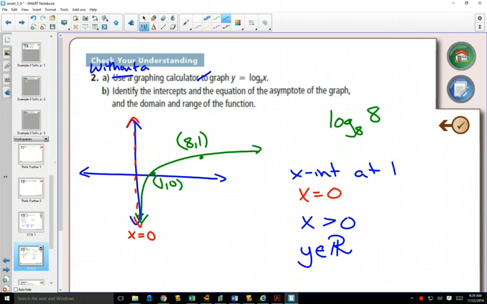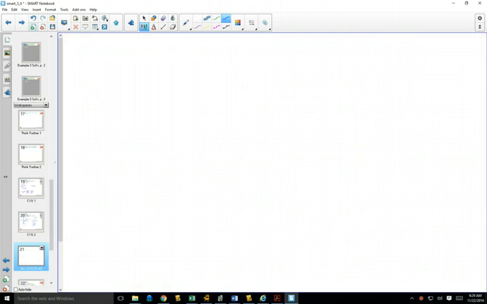And now we're going to do the same thing with our log graphs. So turn to page 400, because I think that's an empty page. And on page 400, we are going to do 2 graphs.